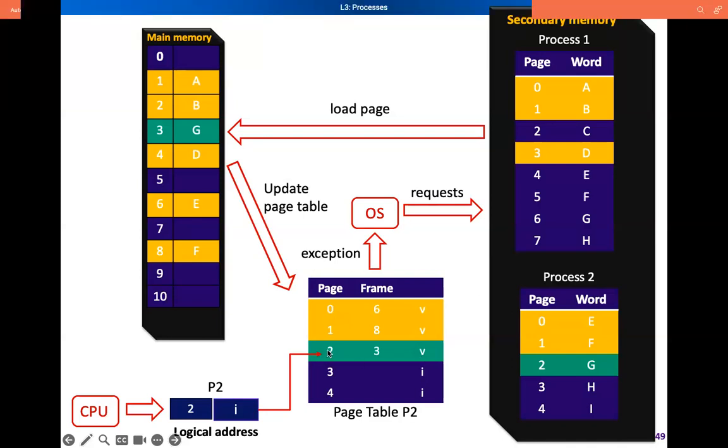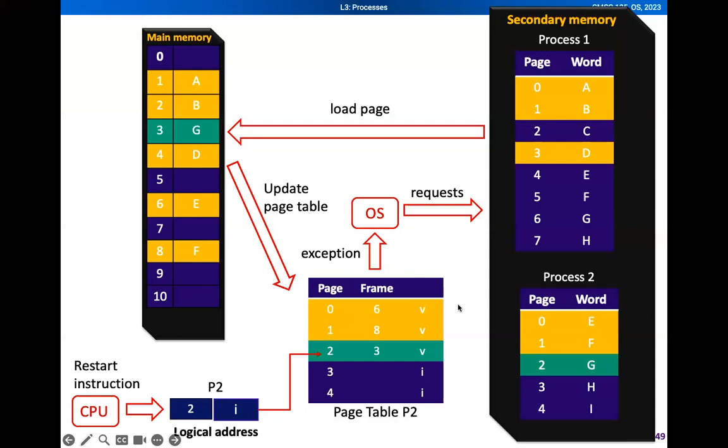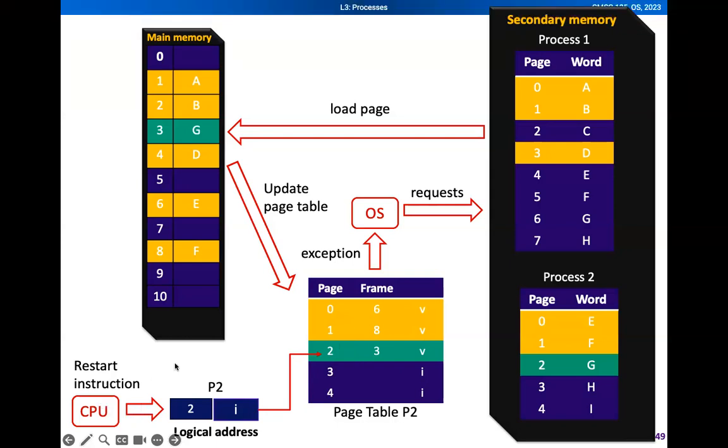Since page 2, which contains G, is loaded in frame 3, we update its frame as well, and we also change its bit to V, or valid, meaning it's already loaded in the memory. After that, we restart the instruction. Since the CPU needs this page 2 again, and as you can see, it's already valid, the CPU can now access this page.